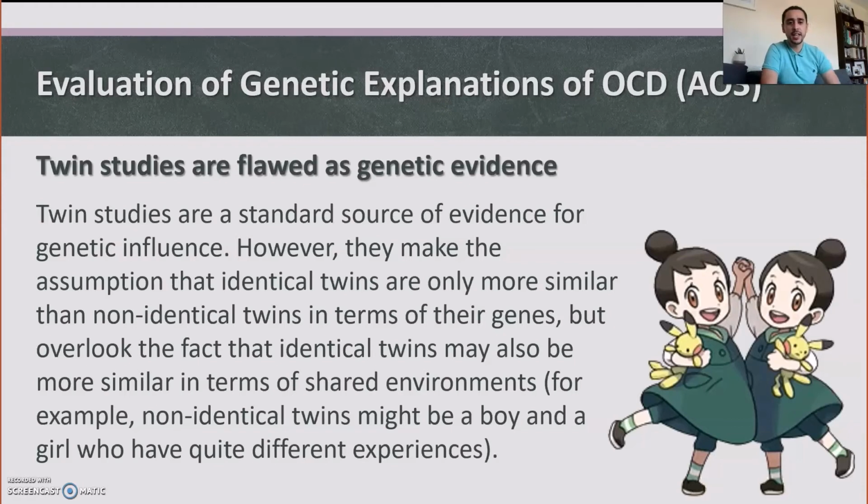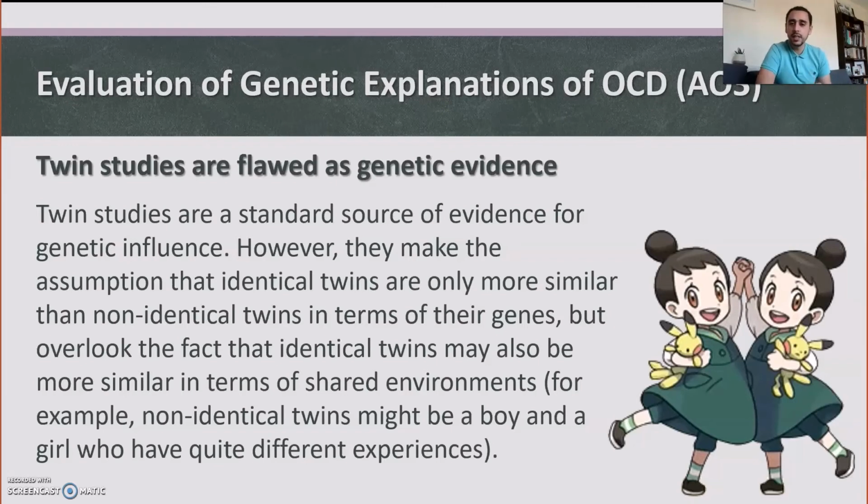Now, with the example of the monozygotic twins and their 68% concordance, what they're saying is, well, yes, it could be because they share 100% of their genetics, but they also share their experiences. They also share a similar life. They're likely to have worn similar clothes, gone to the same school, had the same upbringing, been in the same class.